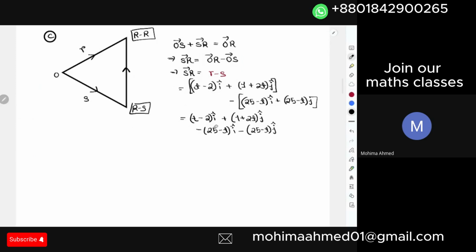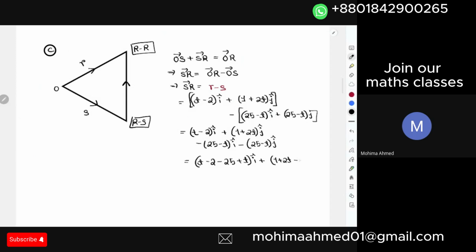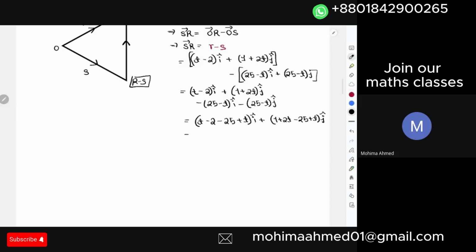That means we're actually subtracting these values, right? If you now remove the bracket, you have t minus 2 minus 25 plus t. This is everything in i. Just 1 minute, minus 25 plus t. Yes, and then again 1 plus 2t minus 25 plus tj.